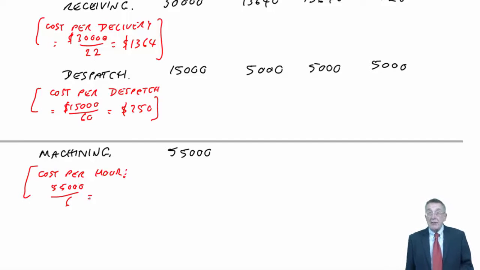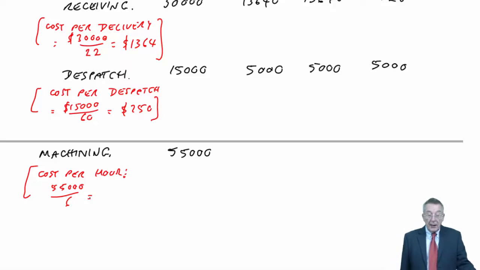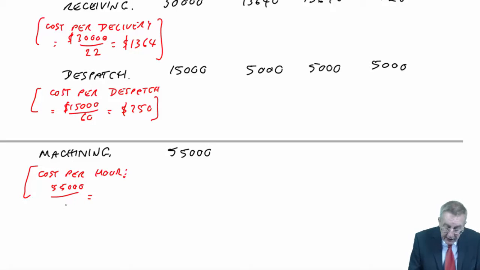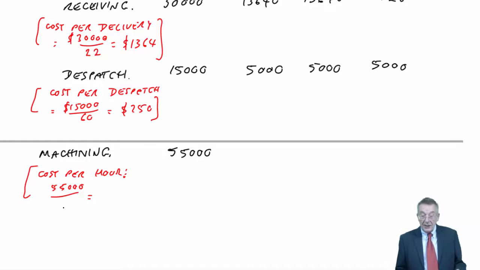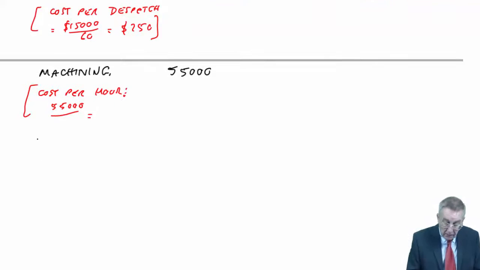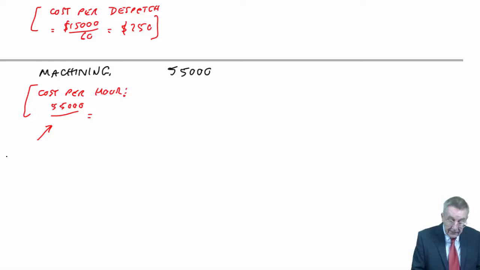But although we are going to take the same approach as with the others, the point is it's 2 hours per unit. And so to get a cost per hour, we need to divide 55,000 by the total number of hours, not by the hours per unit. And so, with a bit more workings here, how many machine hours are we working?